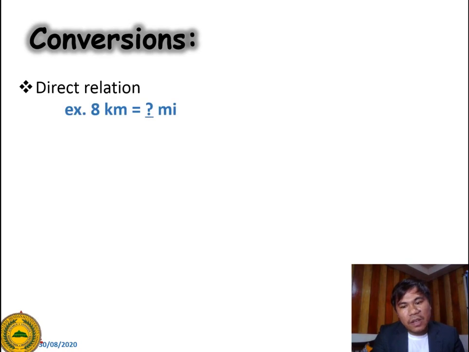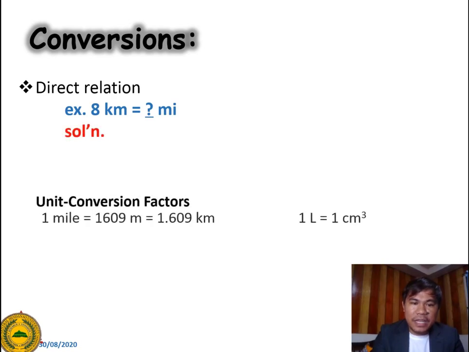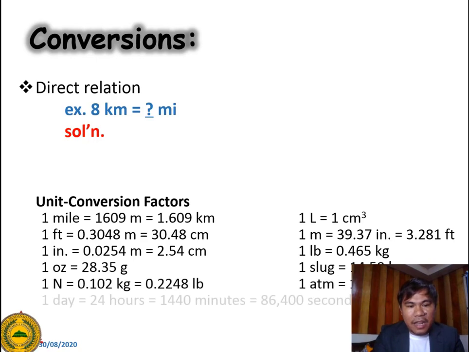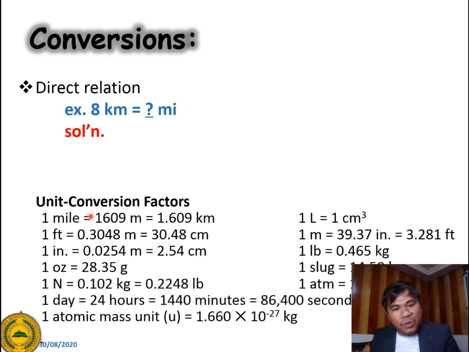So I'm talking about when we convert 8 kilometers into miles, and assuming that you only familiarize 1 mile is equal to 1,609 meters, or is equal to 1.609 kilometers, and so on.